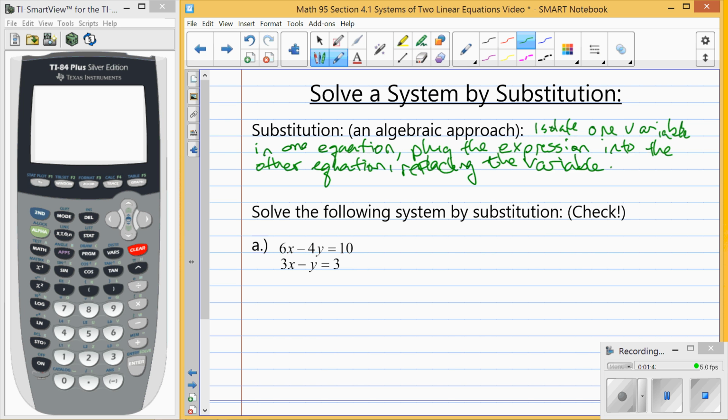So last time we were eliminating a variable. This time we're going to replace a variable.